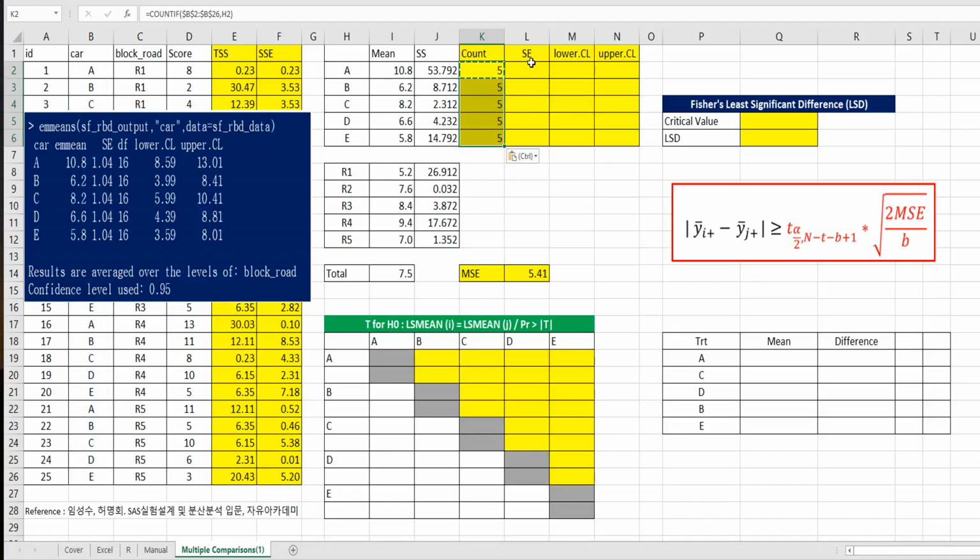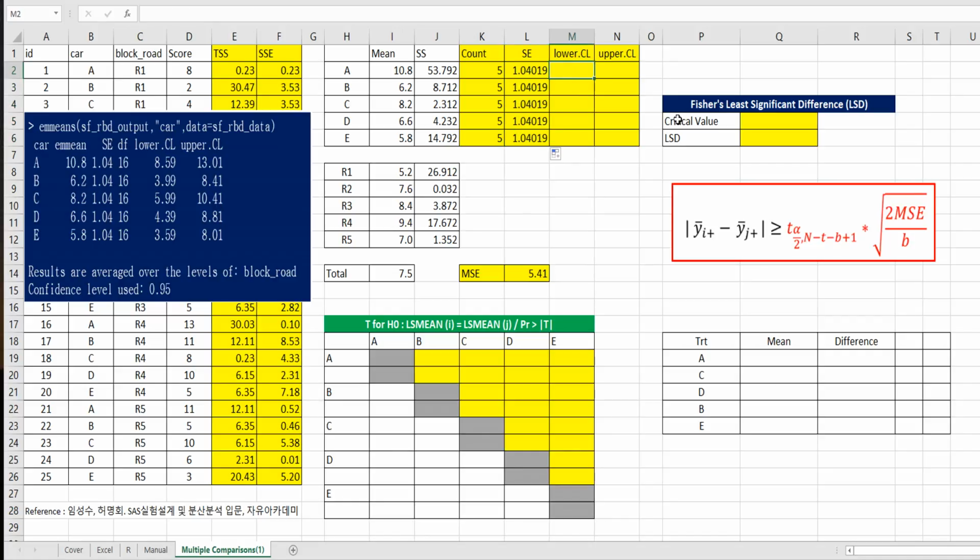For standard error, we can use the square root of MSE over the number of replications here. We need to fix the cell.